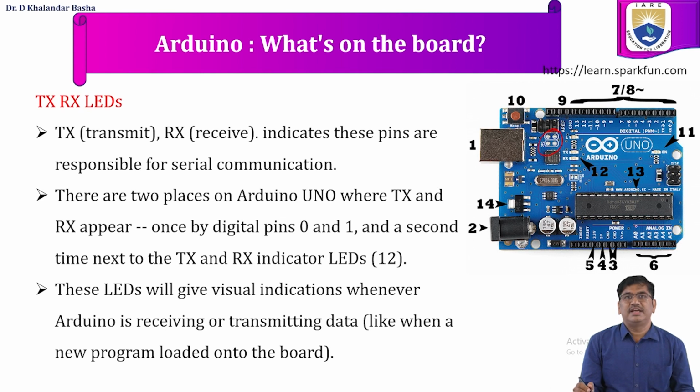The second is next to the TX and RX indicator LEDs, which is in the 12th location. These LEDs give a visual indication whenever the Arduino is receiving or transmitting data, like whenever a program is loaded onto the board, showing the data transfer between the Arduino and the external device.